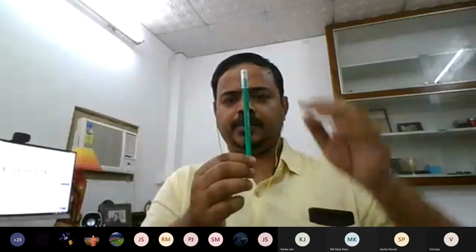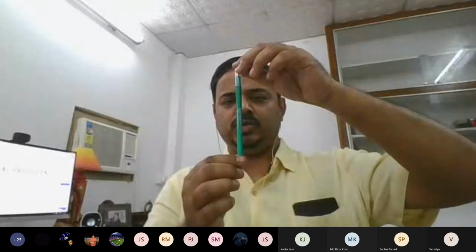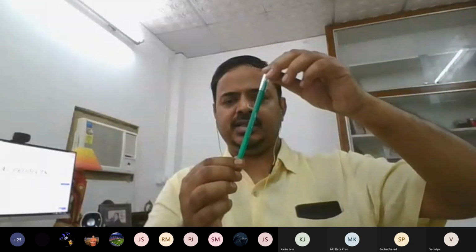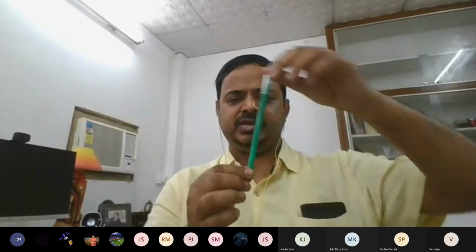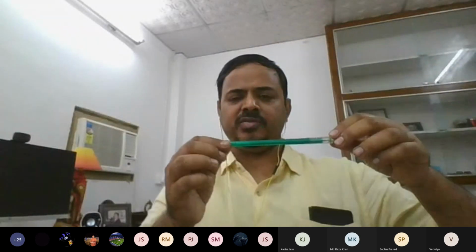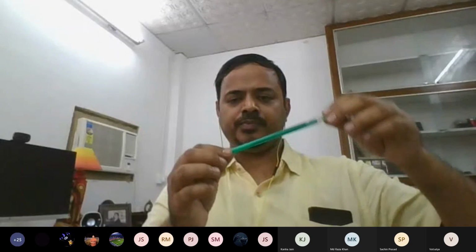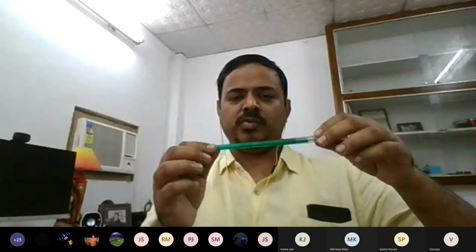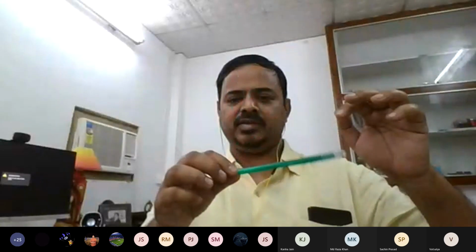So let us consider this pen, for example. Now, this is at 0, the zenith angle. I rotate it from the vertical to the horizontal direction. So I'm going from 0 to 90 degrees or pi by 2. Clear? So by doing that, what have I got? I've got a quarter circle, right?